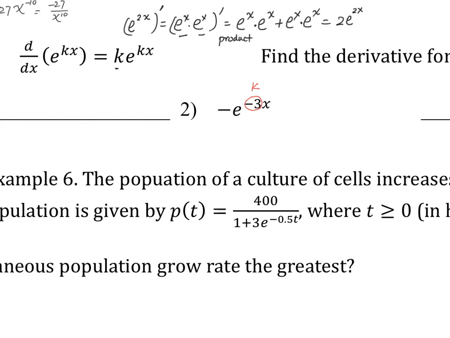So when you find the derivative of this guy, you're going to have negative sign. This is still negative sign here, times k, which is negative 3, e to the kx. I'm sorry, negative 3x. So this gives you 3 times e to the negative 3x.